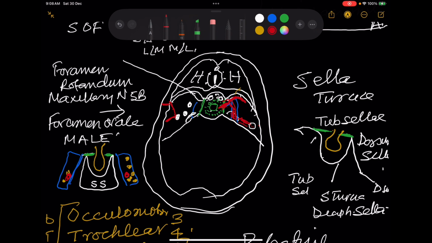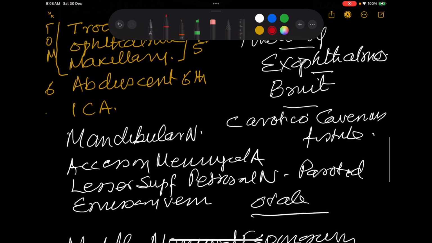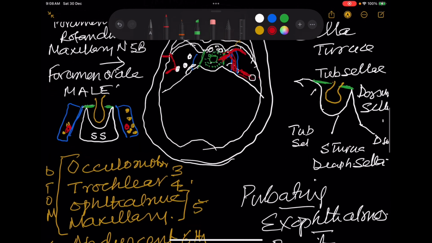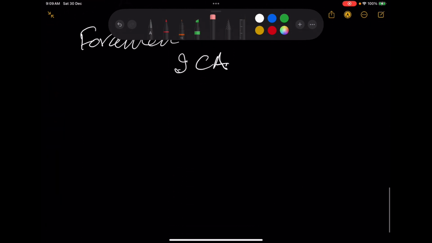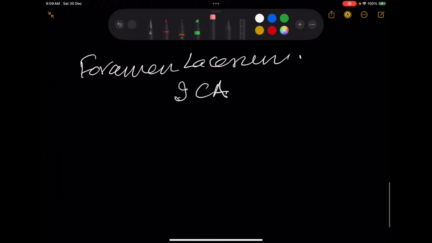Anterior cerebral goes between the two hemispheres, and middle cerebral between the frontal and the temporal cortex in the lateral sulcus. So this is the course of the internal carotid artery, and that's the importance of foramen lacerum. Now, very important, I'll make it much larger here so that you can remember this.